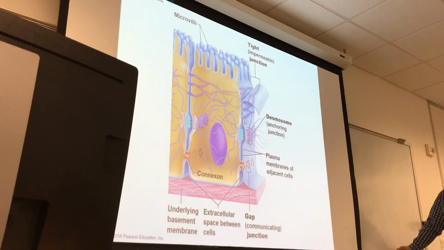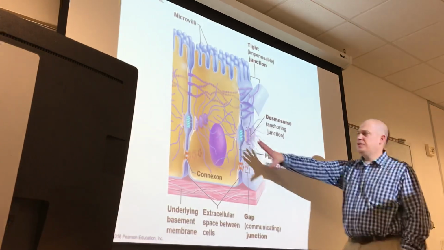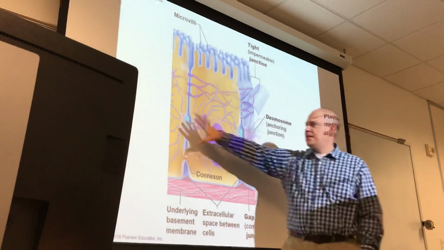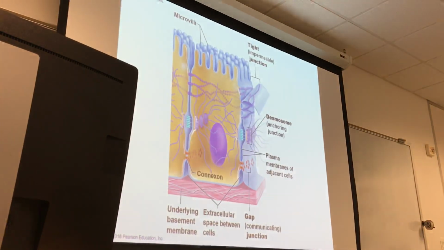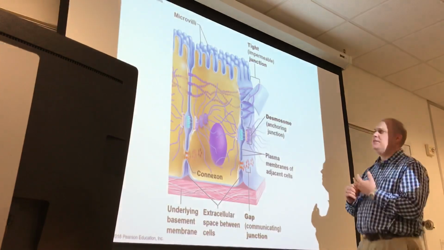Ultimately, each of the cells of our body, so here's cell A, cell B, and cell C. We have a lot of different times in our body where we link cells to one another, and we use the plasma membrane as a way of linking cells to one another. And we do that in one of really 3 key ways.